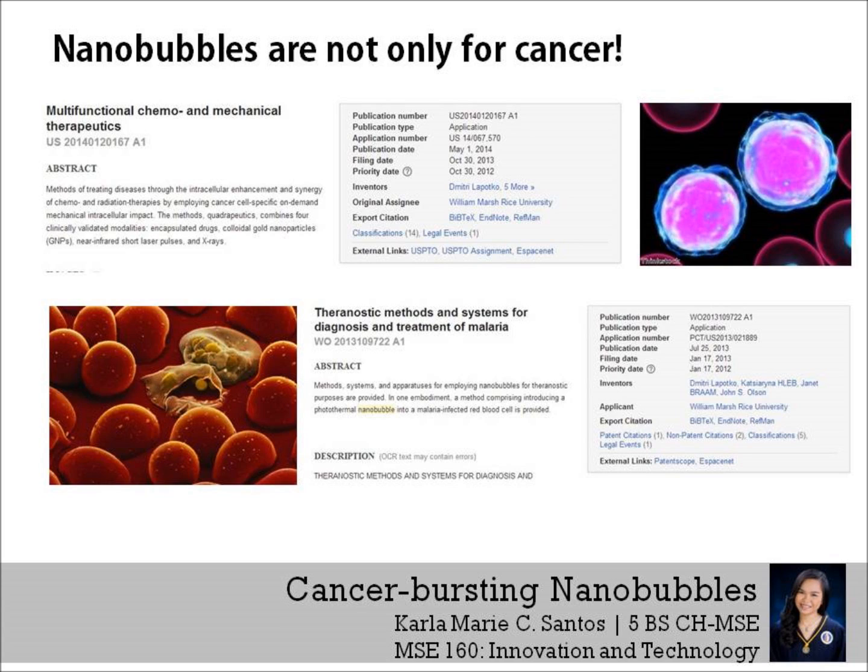They use the same concept of applying laser pulses to produce plasmonic nanobubbles from the nanocrystal in the infected cells, which causes the destruction of the cell along with the hemozoin nanocrystal, which eliminates malarial infection.